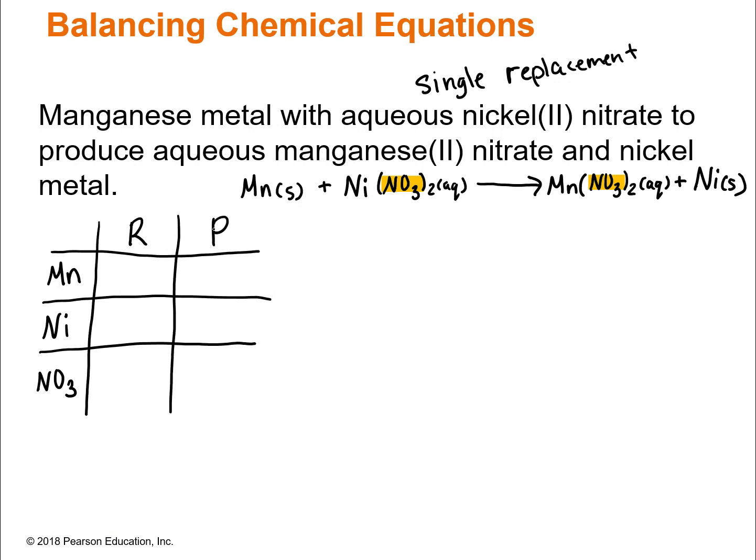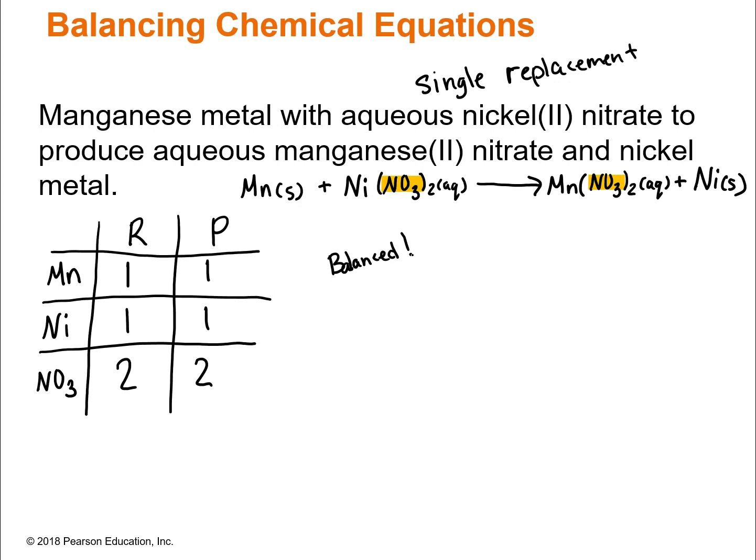Then we count everything up. 1 manganese, 1 nickel, 2 nitrates for the reactant side. 1 manganese, 2 nitrates, 1 nickel for the product side. Turns out that this one is balanced. Sometimes that happens. You're asked to balance an equation.